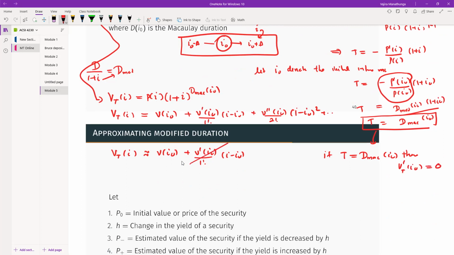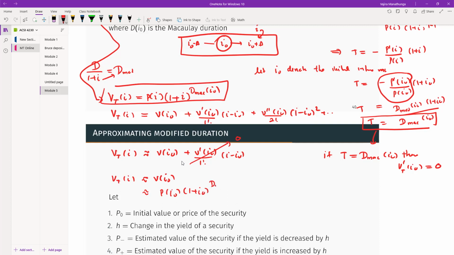So this term goes to 0, and I can simplify this more. It is basically equal to P(i naught), using this formula, you have V(i naught) times 1 plus I naught to the D Macaulay at I naught.